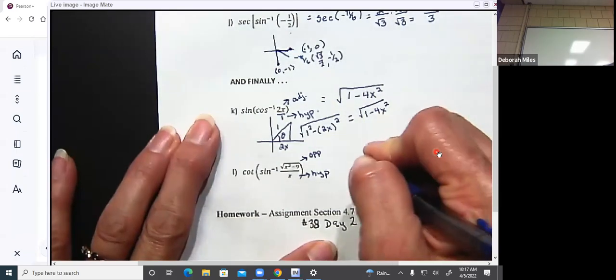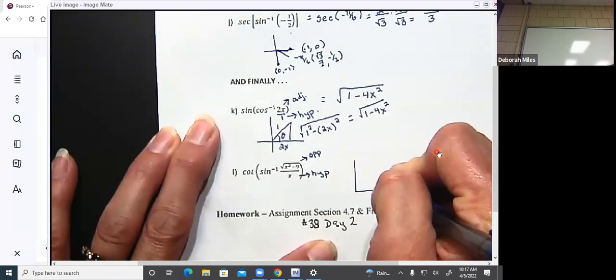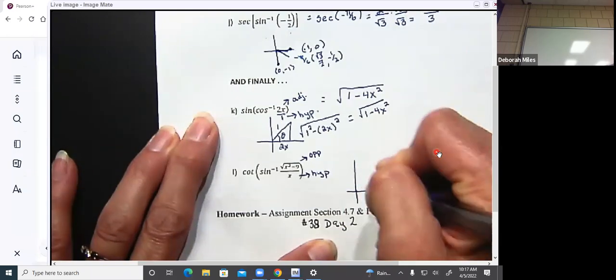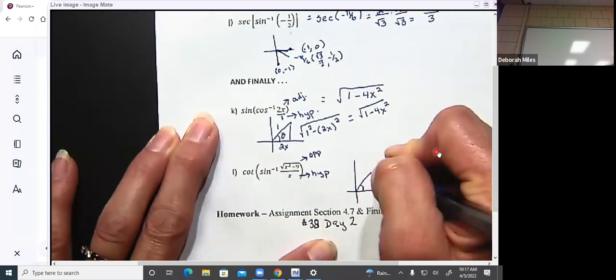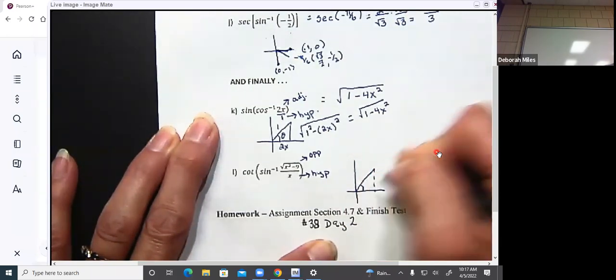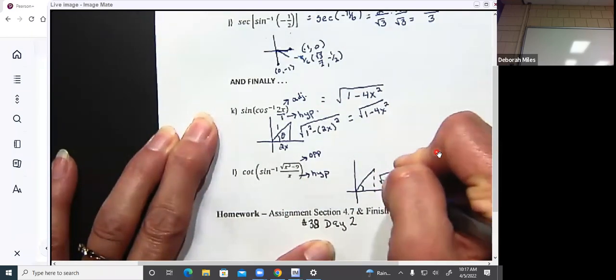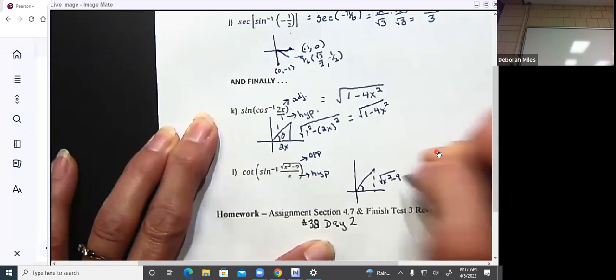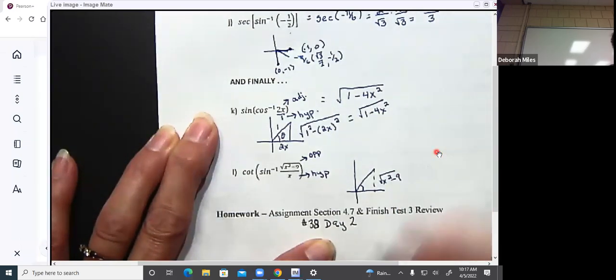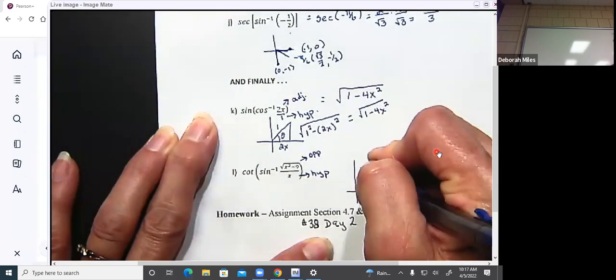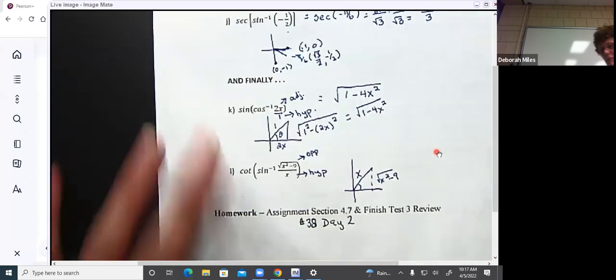I can draw an angle whose opposite is square root of x squared minus 9 and whose hypotenuse is x.